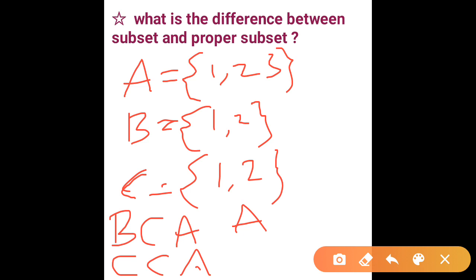Because B and C have the same elements. So B is a subset of C, and B is a subset of C.